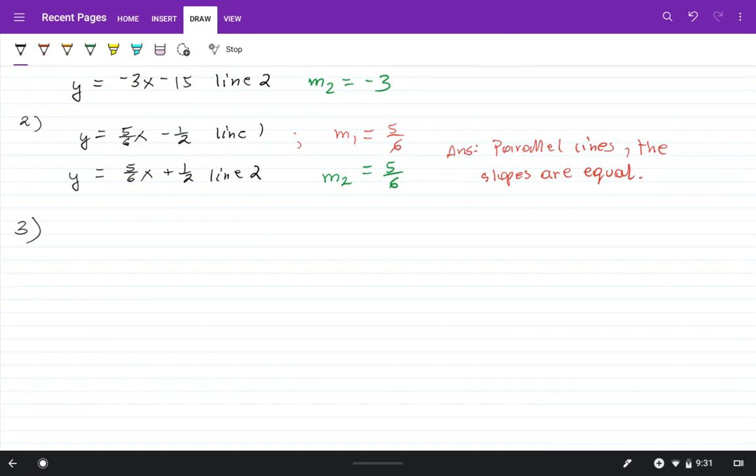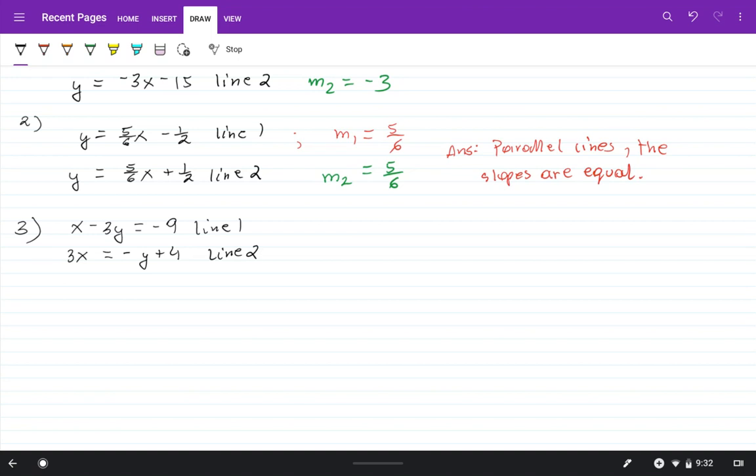Next, we have x minus 3y equals negative 9. So that's the equation of line 1. And line 2 is given by the equation 3x equals negative y plus 4. This is line 2.